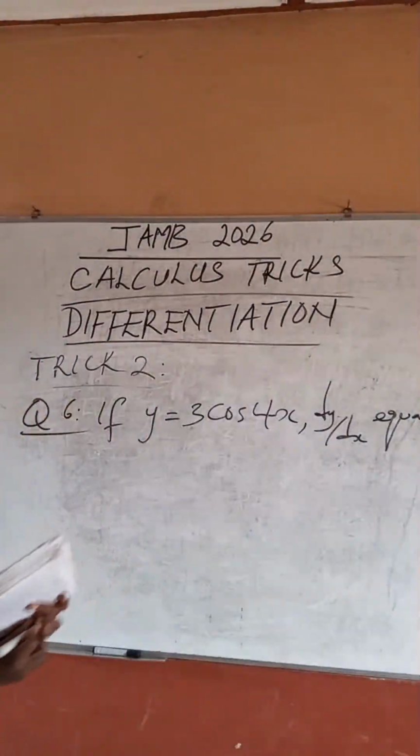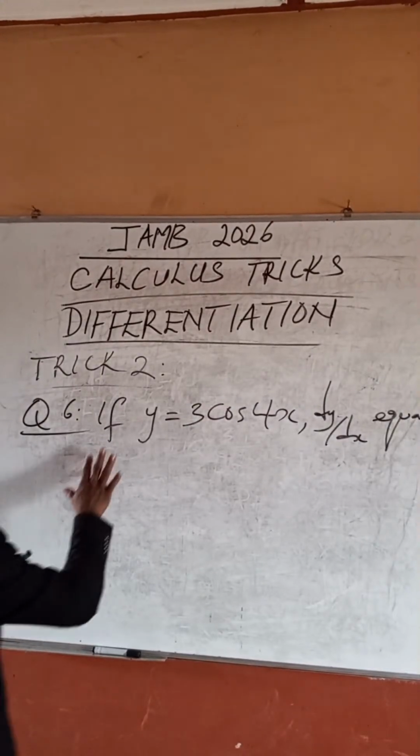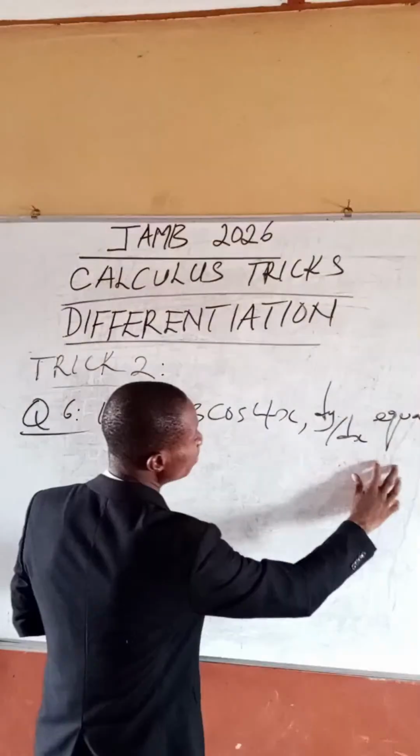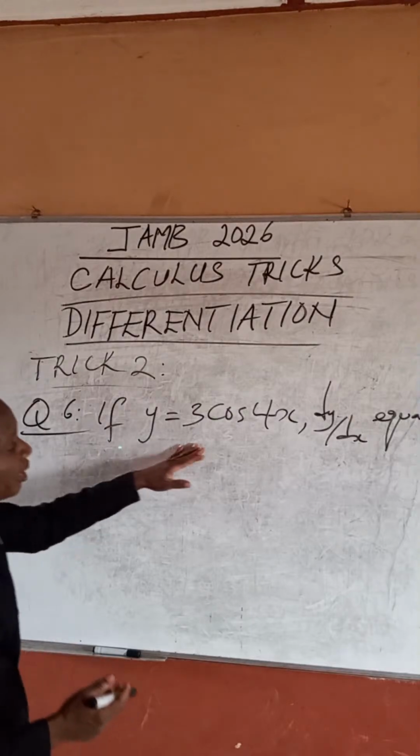So what is dy dx? If y is equals to this, then what is dy dx? Please watch and let's see it together, okay?